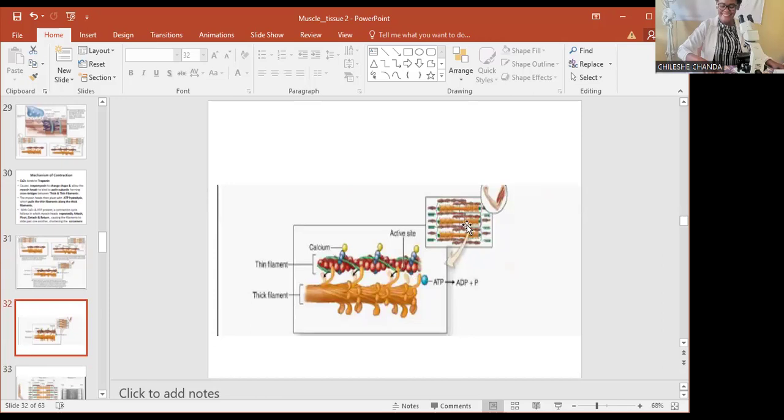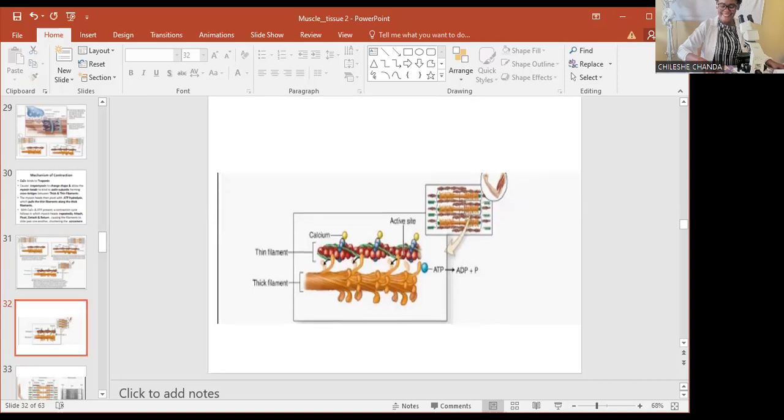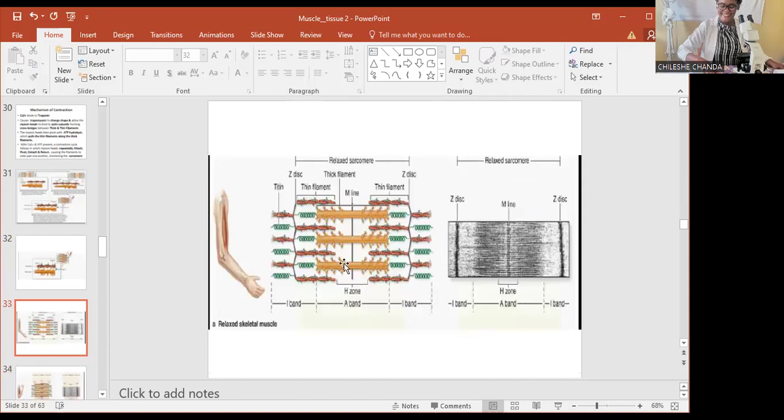So you've seen these thin filaments have been pulled in such a way that they've come to the middle and they've actually even overlapped, and therefore you have flexed your elbow joint, because it means that the biceps have what? The biceps have contracted. That is what that means, okay?